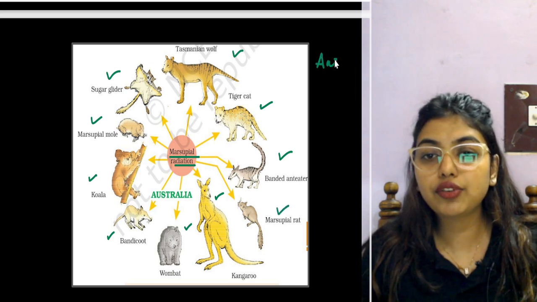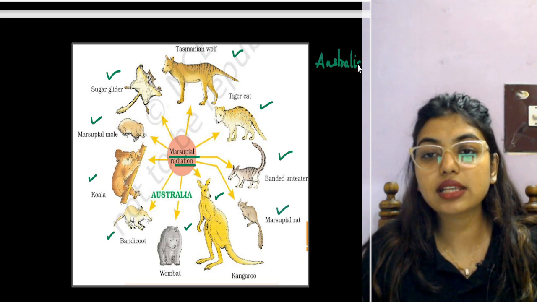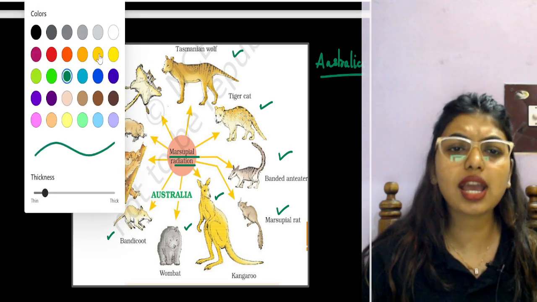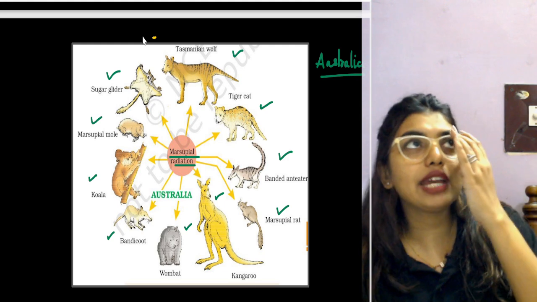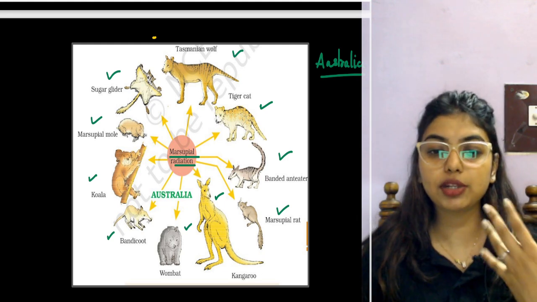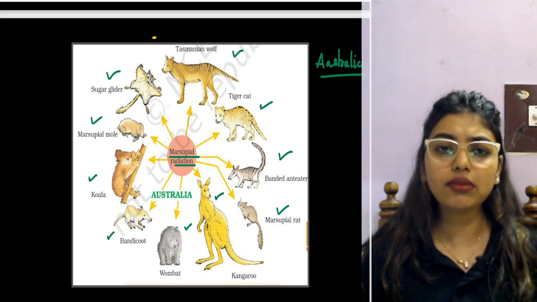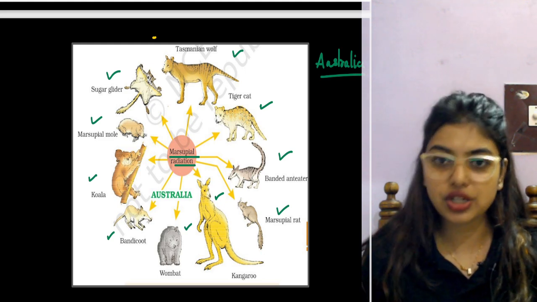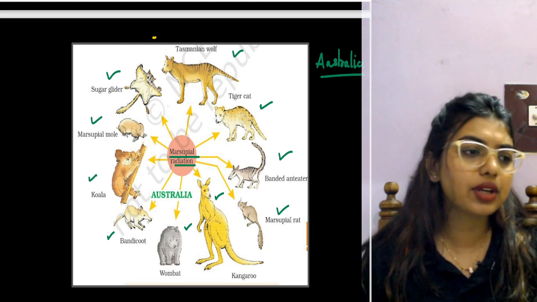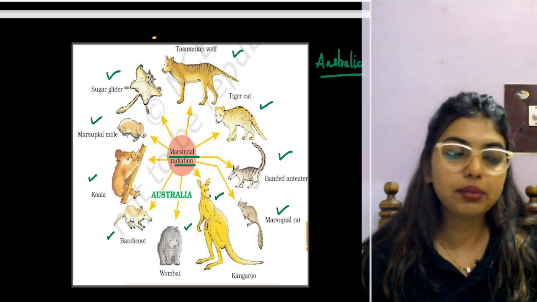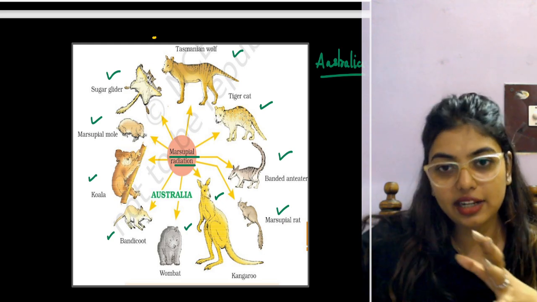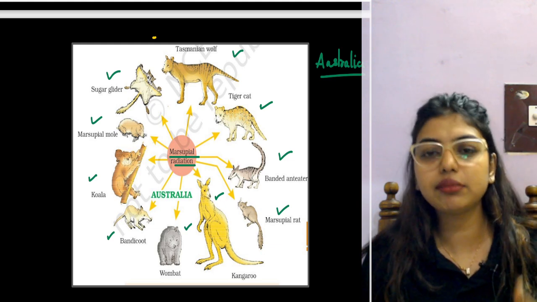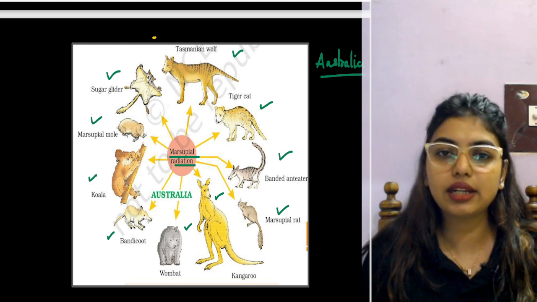So I think all of you know Australia is a place with an extreme amount of wildlife, where I have even heard stories. I don't know how much of it is true. There was a person who used to visit Australia regularly, and he's an Indian. There used to be an island, and he used to ask every time what is happening on that island, that he wanted to really go there.